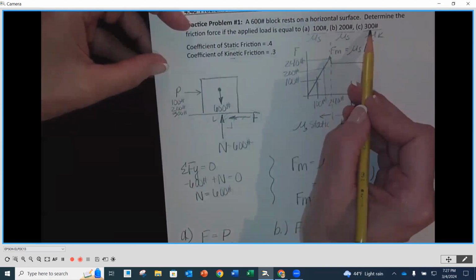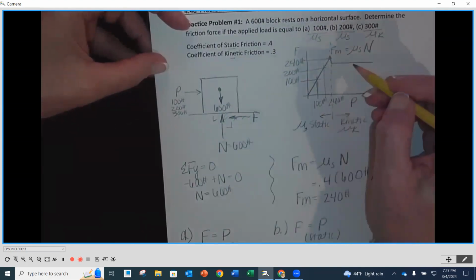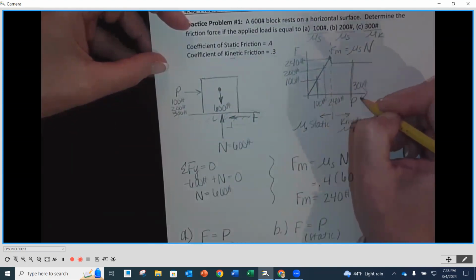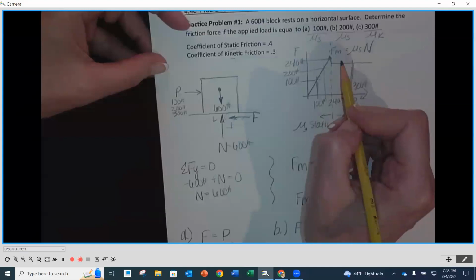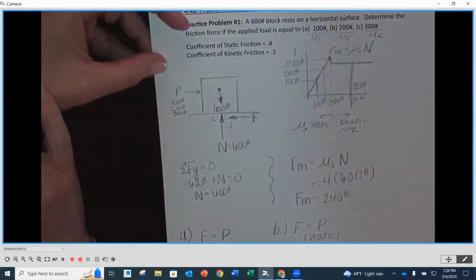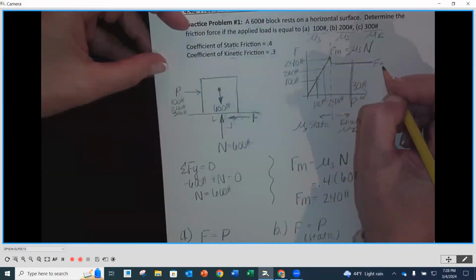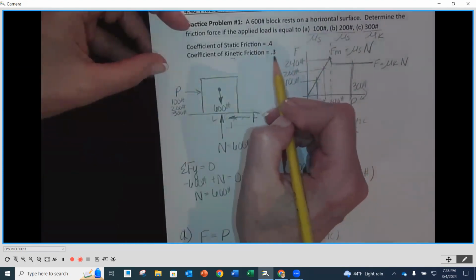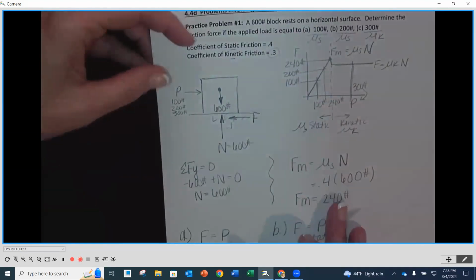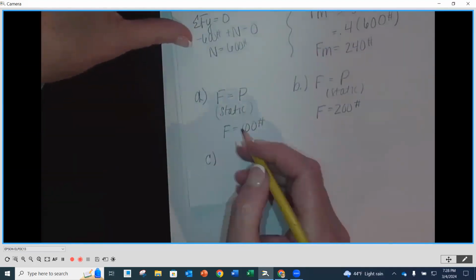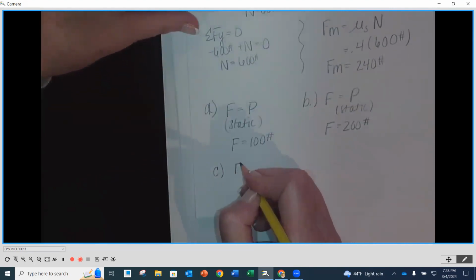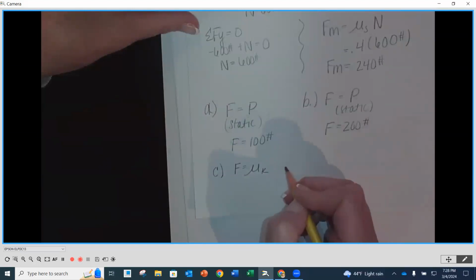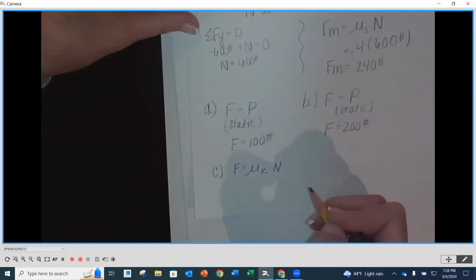But now we have 300 and we're on the kinetic side of things. At a 300-pound pushing force, our friction force is going to be equal to our kinetic coefficient times our normal force, so we have to calculate using the 0.3. For part C, F is equal to the kinetic coefficient times the normal force.